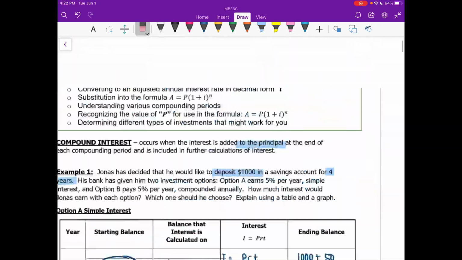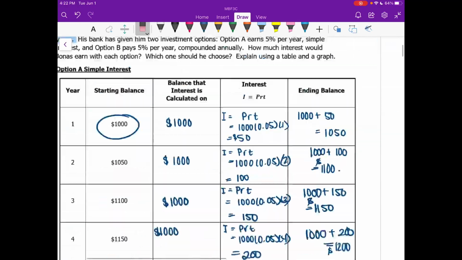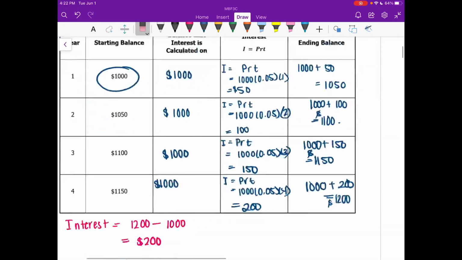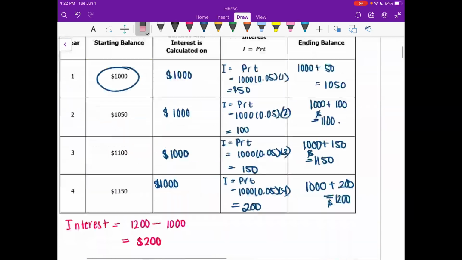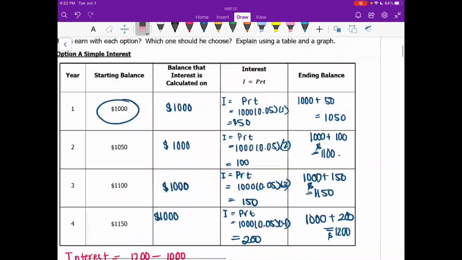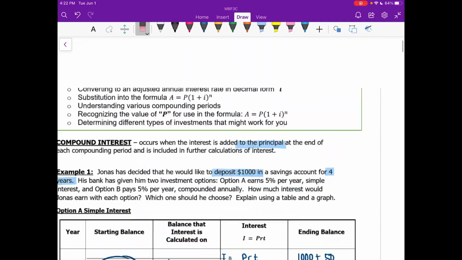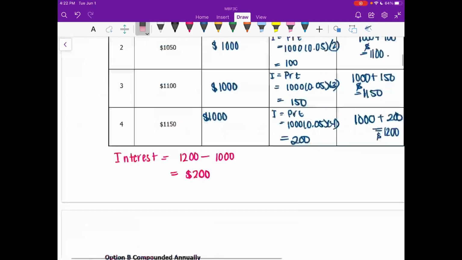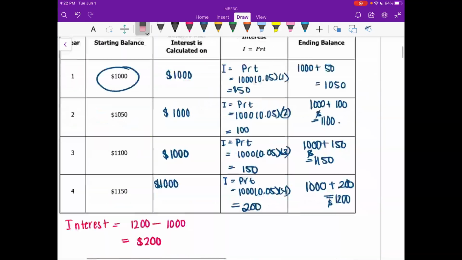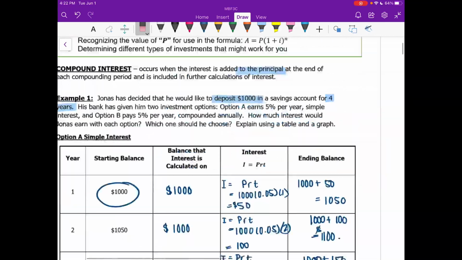Let's go back up to our original little chart that we have here. If we have something that's compounded quarterly, I is going to be divided by 4, and N is going to be the number of years times 4, right?